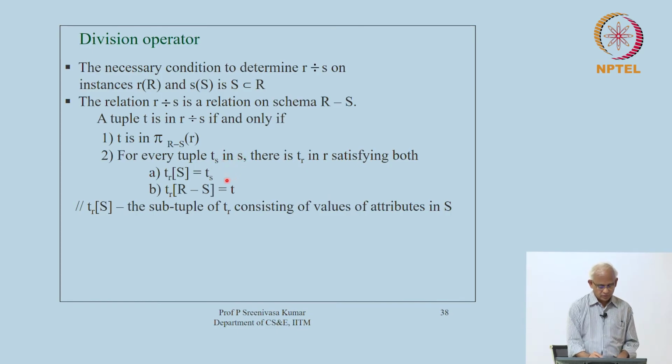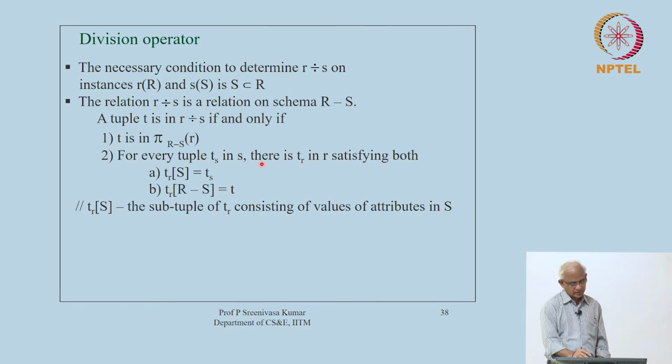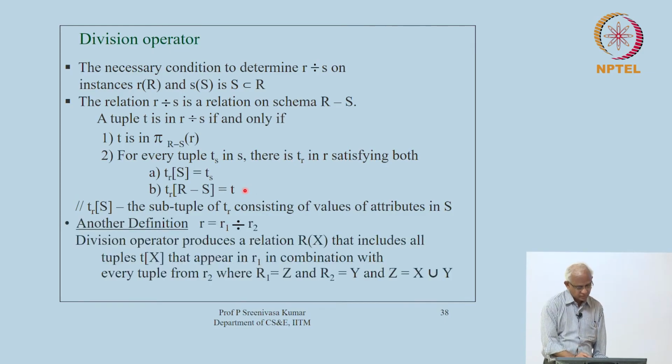So we can also restate it in this way, maybe it will help us understand the definition. Have a look at it here. The division operator produces a relation Rx. Here I am slightly renaming the schemas.